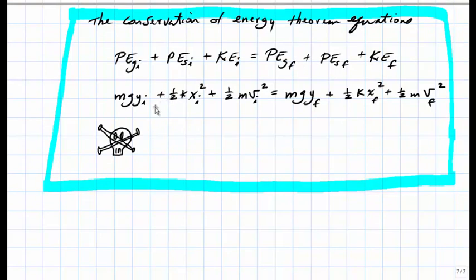As you can see, the conservation of energy theorem equations come with a warning.